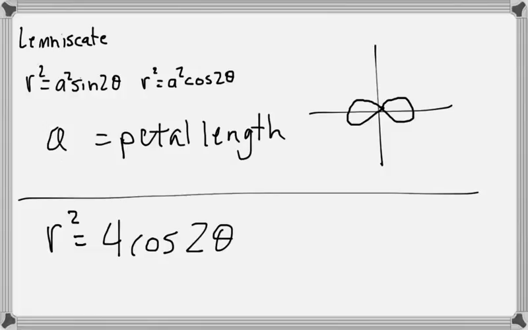Let's just write square root. Hold on. This is A squared. A equals 2. So basically, what I was trying to get at was: square root the number in front of the cosine or the sine. That'll get you your petal length.